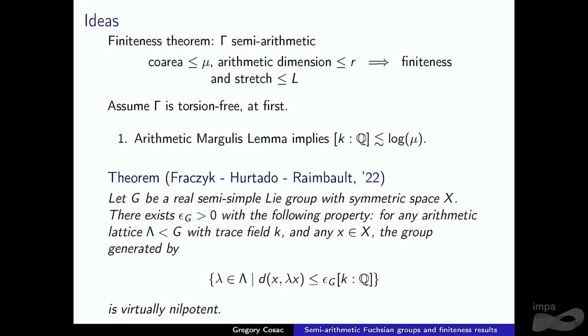So what we're trying to prove here is the finiteness theorem. When you bound the co-area, arithmetic dimension, and stretch, you get finiteness. So we start with the torsion-free group gamma, and the first step is to prove that the degree of the extension of the invariant trace field of gamma over K is bounded in terms of the bounds that you're already given by hypothesis.